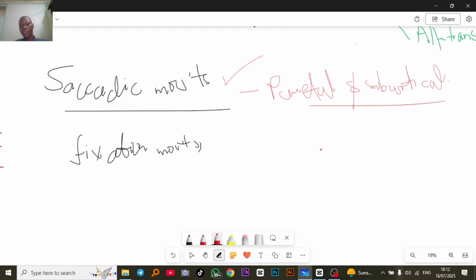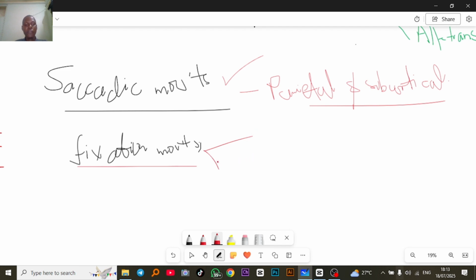So another one is the fixation movements, which I say are divided into two. We have the voluntary and the involuntary. If you missed that part, you can go back to the other part which you have just covered.